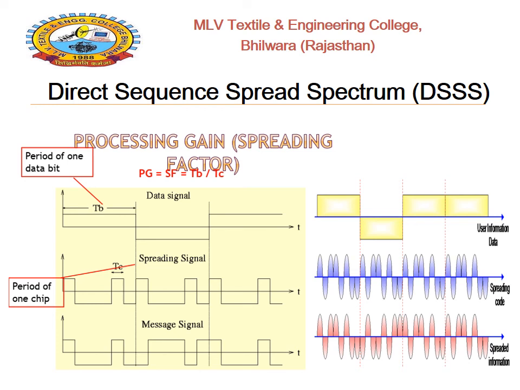Finally, the spread information in the lower section represents the XNOR operation: 1 and 1 is 1, 0 and 1 is 0, 1 and 1 is 1, 1 and 0 is 0, 0 and 1 is 0, and 0 and 0 is 1, 1 and 0 is again 0. So the output spread information bit sequence is generated by the XNOR operation of the T_B sequence and the T_C bit sequence.